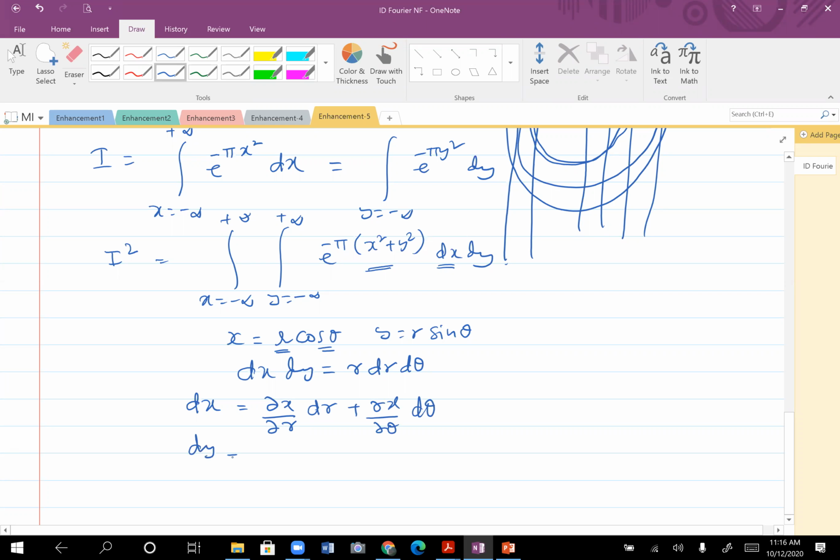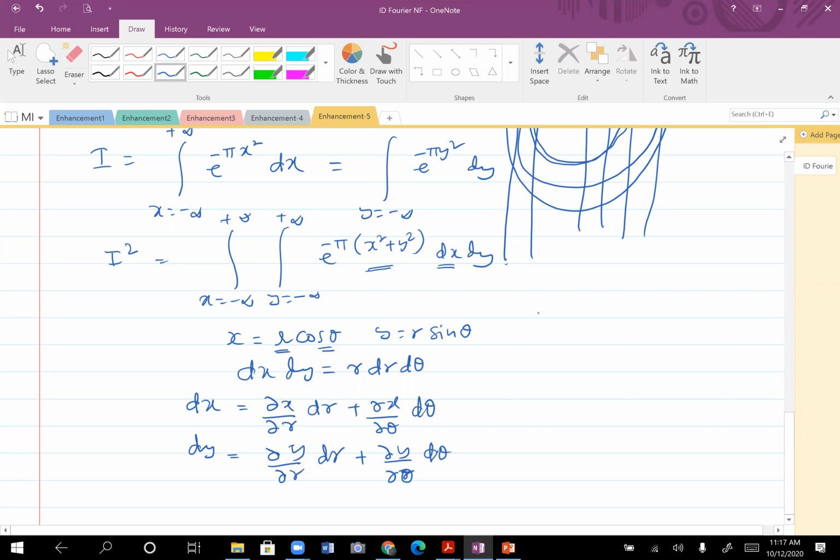Similarly, y is also a variable of two. So you would do now dou y by dou r into dr plus dou y by dou theta into d theta. So something like this, you have to use this formula, okay, and use it. This is a very standard one, so you just Google it, you will find different proofs also.